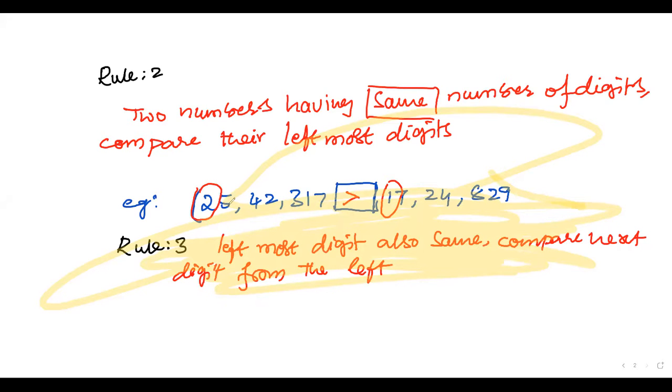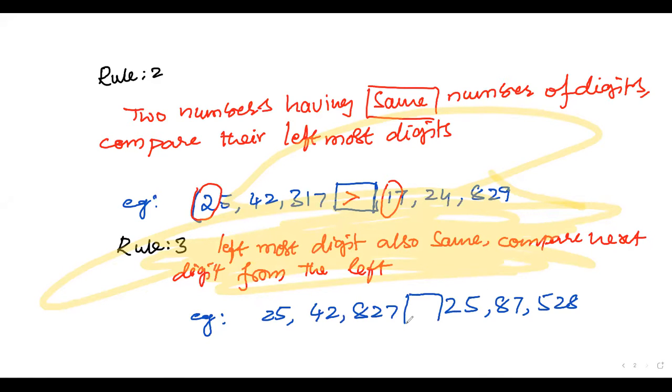Let us take one example. 25 lakhs 42,827 and 25 lakhs 87,528. First, rule number 1: there are 7 digits here, and this number also has 7 digits.